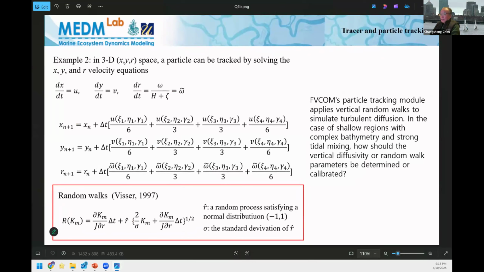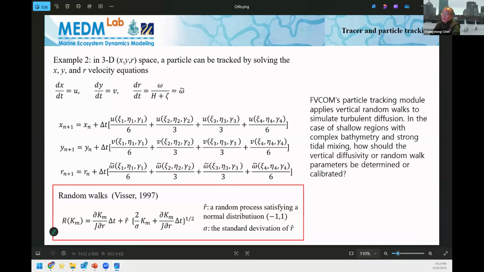Yeah, that's a good question. When we talk about this one, we need a review of how particle tracking and the tracer equation are different. In the tracer equation, when you put a tracer, you consider diffusion and mixing. But in the particle, you consider only flow advection, so you don't have the mixing.